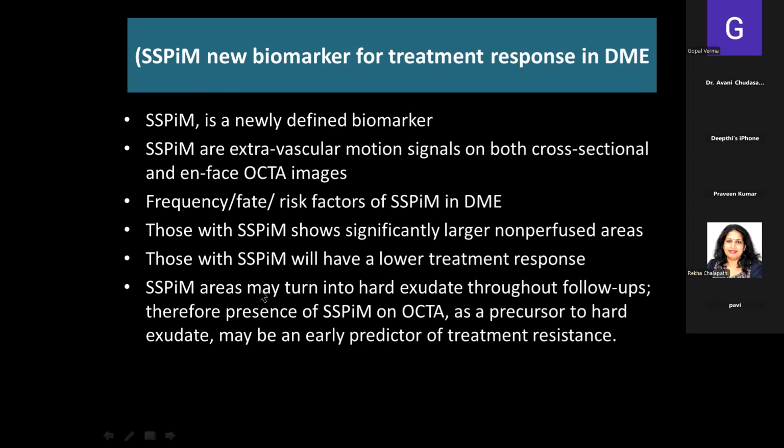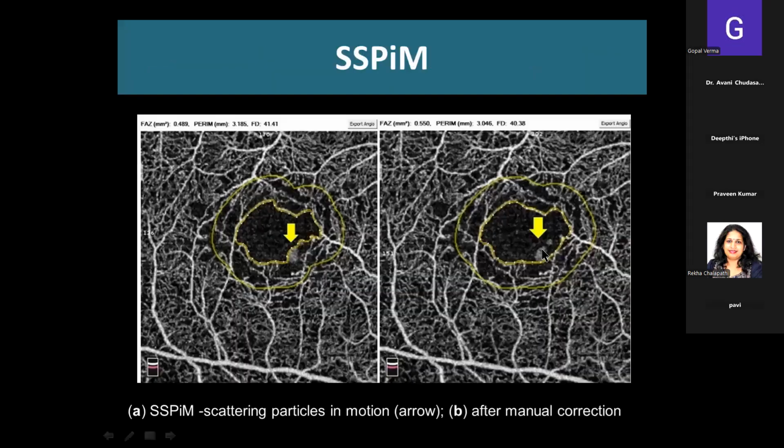Sometimes, if you closely follow SSPIM areas over a period of time, they in turn turn into hard exudate areas, and these may cause concern and treatment resistance in these patients. So the suspended scattering particle in motion is an important biomarker in OCTA for treatment response in DME. Here is a patient with SSPIM, and after manual correction you don't see much of the SSPIM.